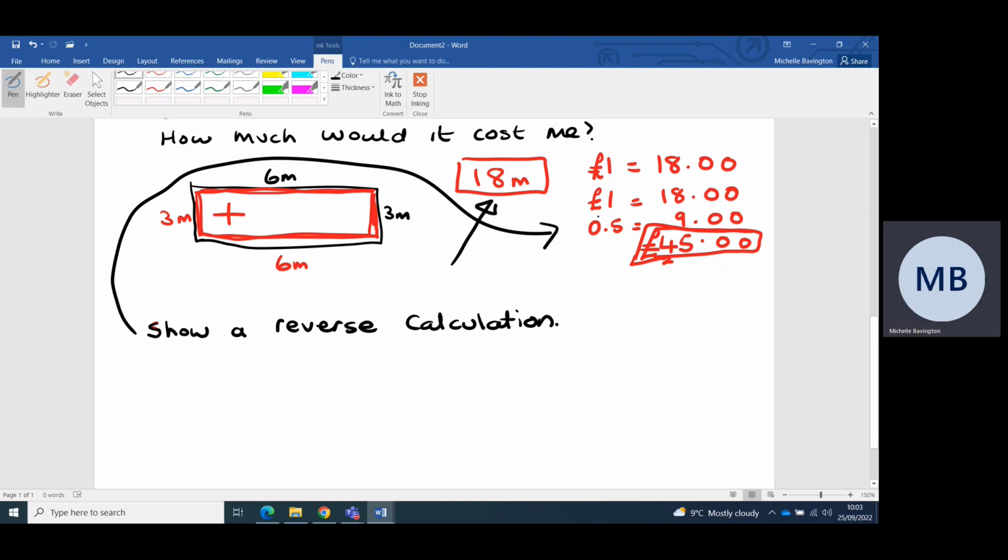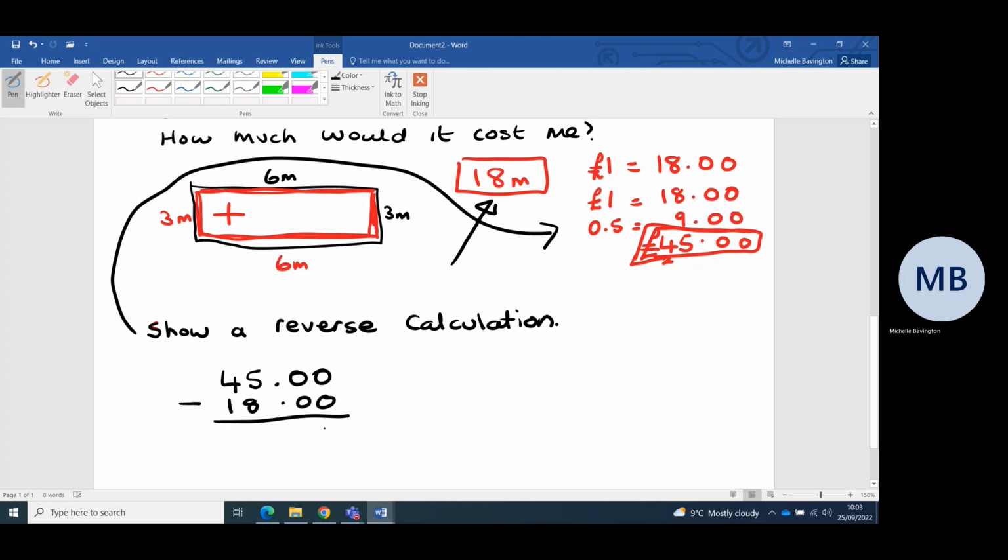So what we could do here is start with the 45 and minus 18. 5 take away 8 we can't do, so I'm going to borrow 1 there. And that leaves 7. 3 take away 1 is 2. Then I could do 27 minus another 18.